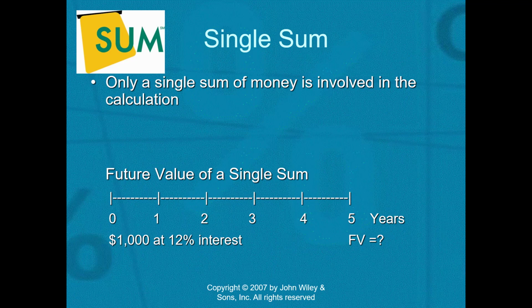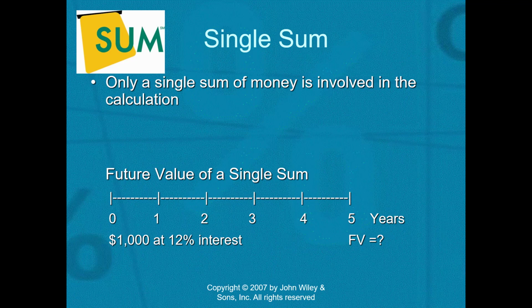So after you do that, now it should say negative 1,000 on your screen, and you hit the PV button. So now you should see PV equals negative 1,000 on your screen. The next thing you're going to do, and you could do this in any order, but we're going to do 5N. So just type the 5 and then N, and don't do anything in between.